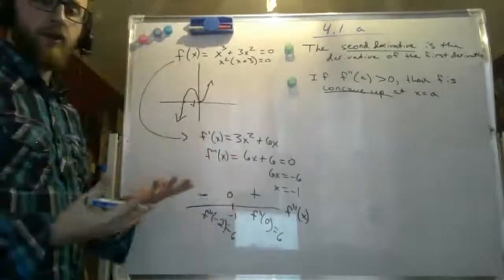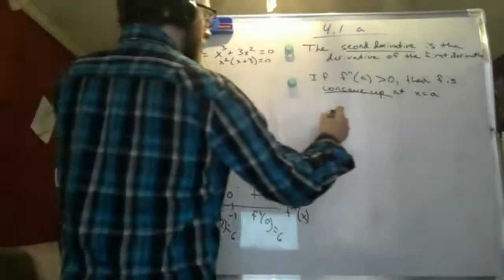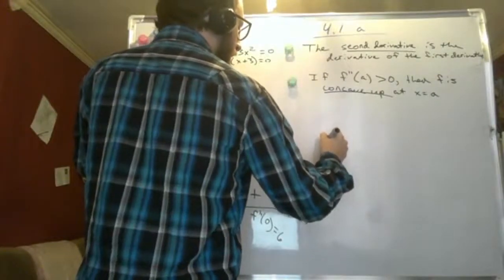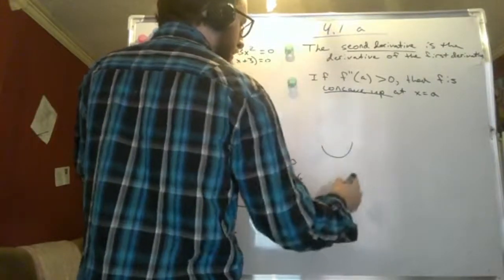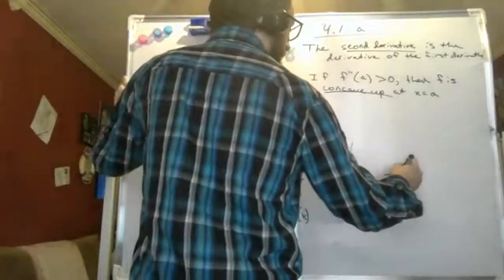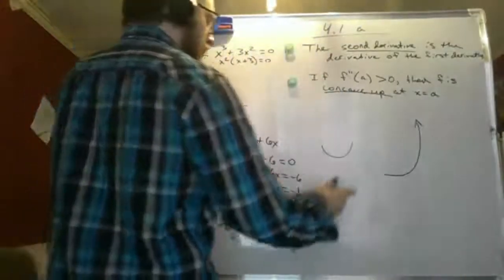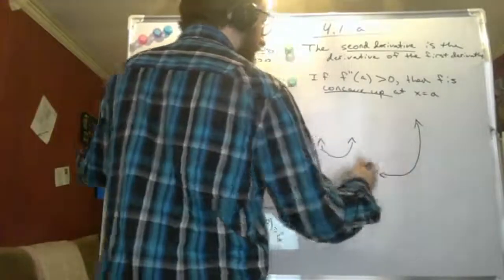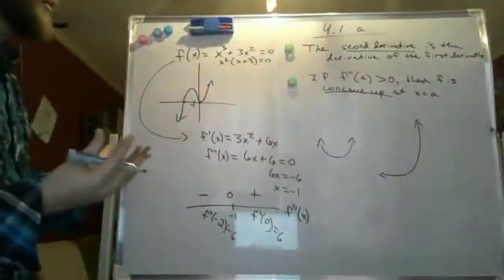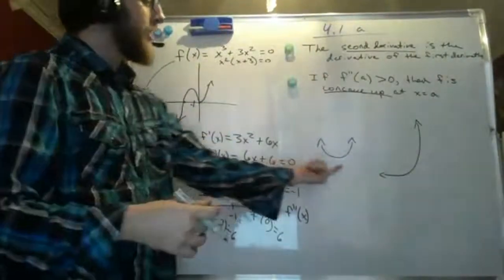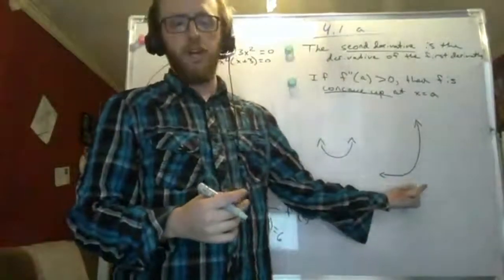When you're looking at your f graph, to be concave up just means that you're in a portion of the graph where it's curving upward. So it could make a U shape. It could also be like maybe you're curving upward like this. In either case, concave up means you have a curve going upward. In other words, you have a bowl shape.